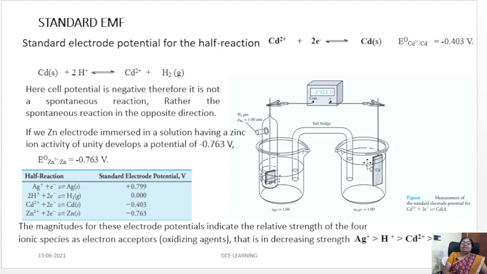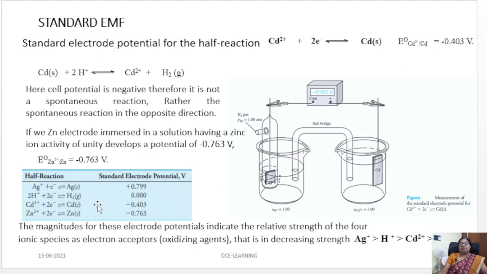If a zinc electrode is immersed in a solution having zinc ionic activity, it develops a potential of minus 0.763 volts. This is one of the table entries. We know the cell reactions from silver to zinc and their corresponding electrode potentials. Silver shows a positive potential, and zinc a negative electrode potential.